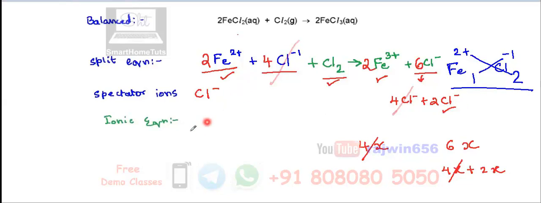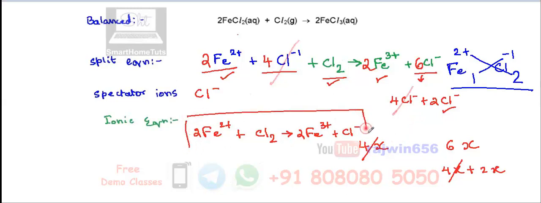So the overall ionic equation over here is going to be 2Fe2 plus, plus Cl2, gives me 2Fe3 plus and 2Cl minus.